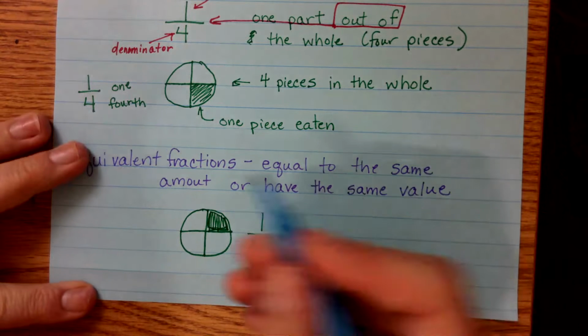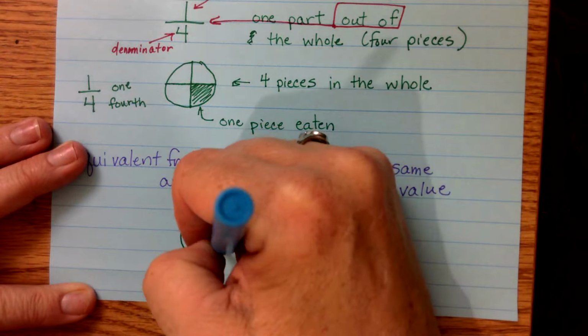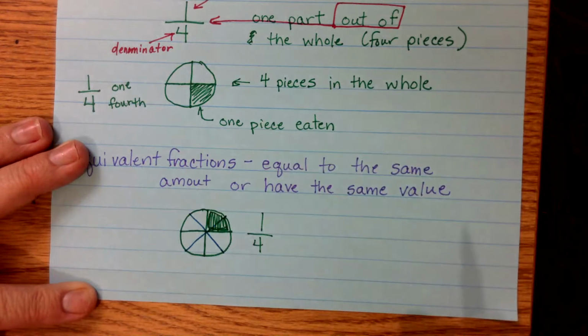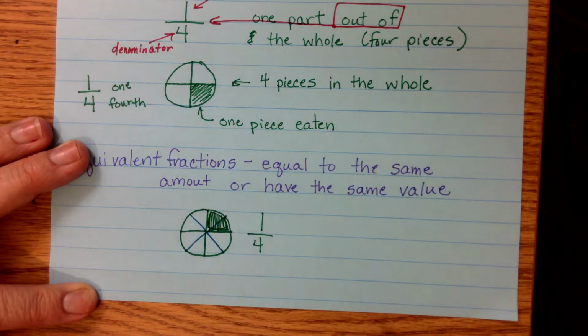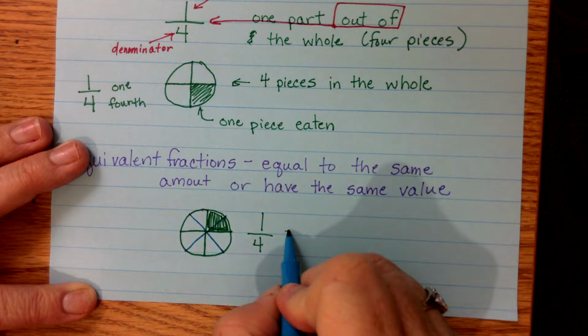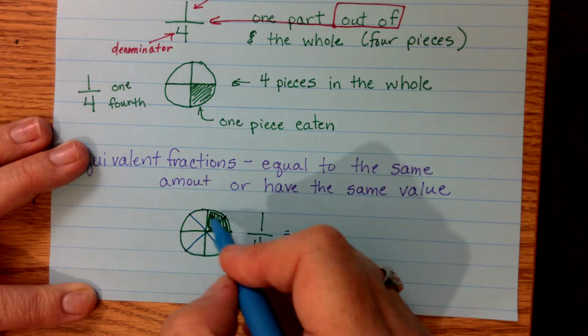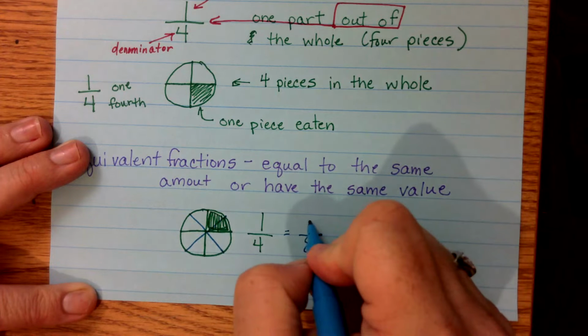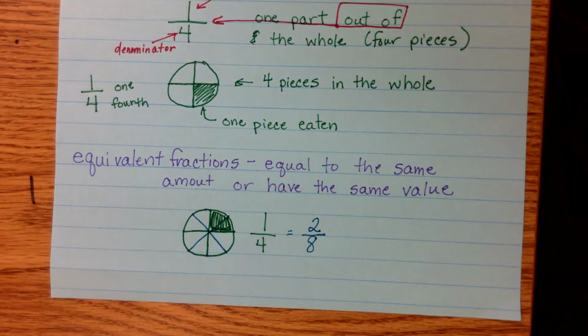For instance, if I add another division here and another division here, now I have 1, 2, 3, 4, 5, 6, 7, 8. I have 8 pieces that are my whole, and 2 of those pieces are shaded. So 1/4 is equal to 2/8.